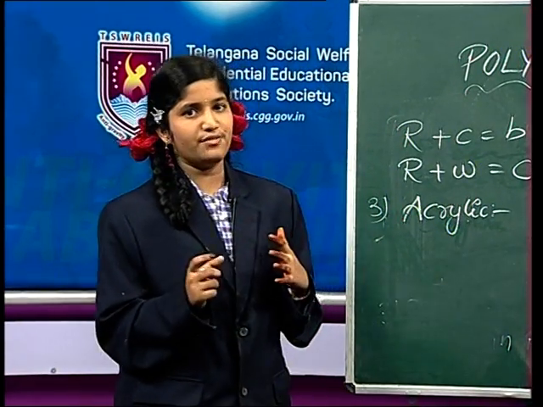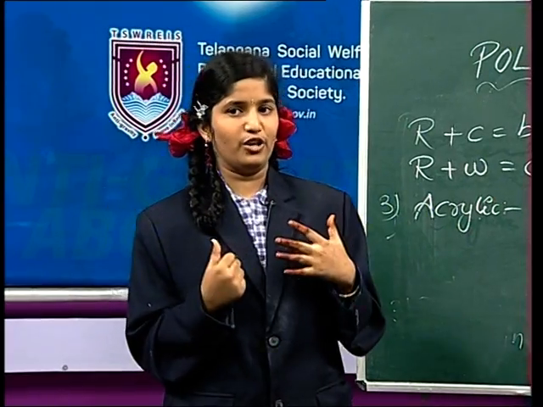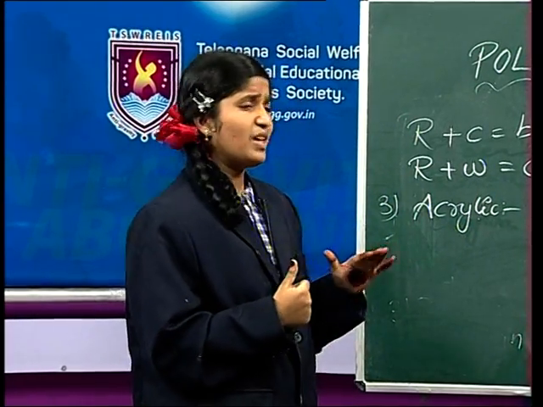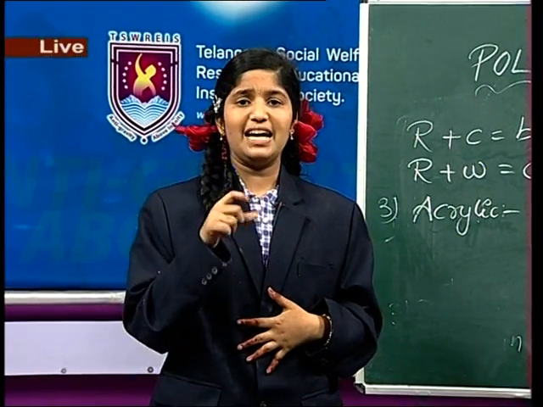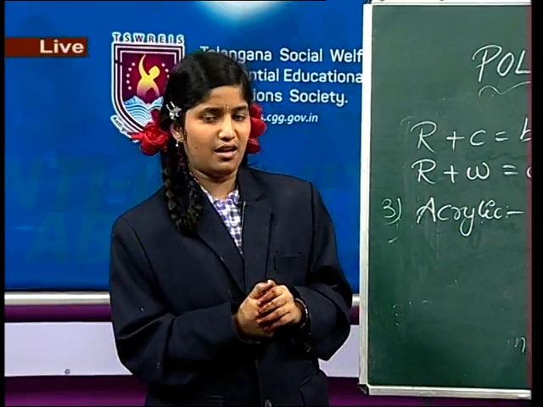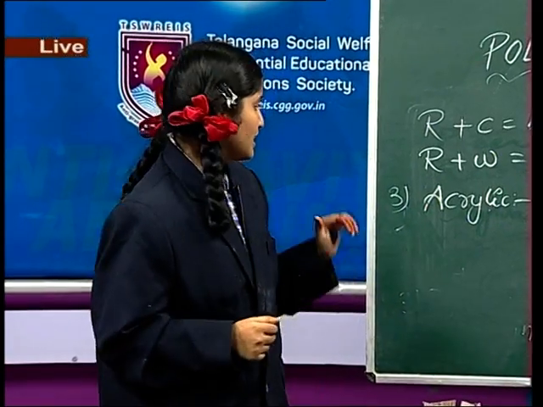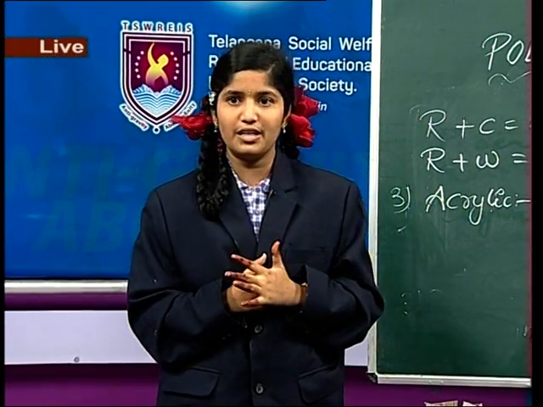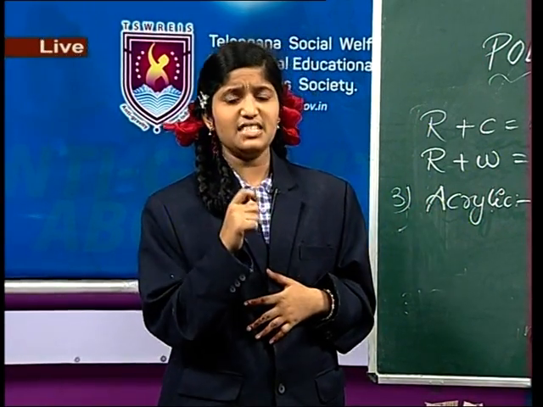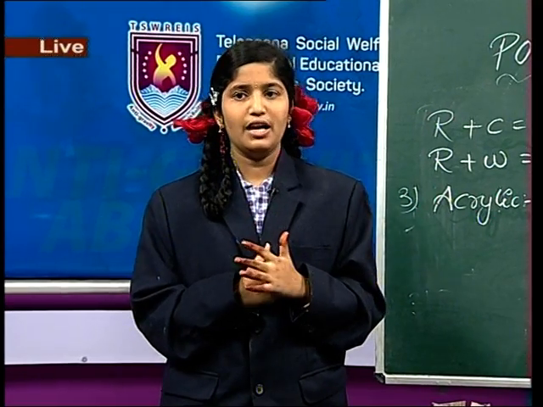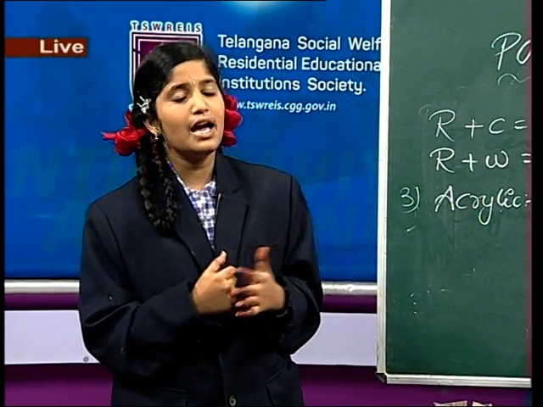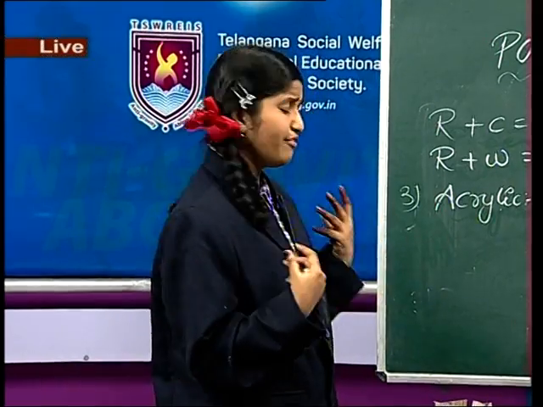So all of us wear sweaters to make our body warm, and that sweater is made with a synthetic polymer known as acrylic. It looks like a natural polymer, but it is an artificial wool, called fake fur.